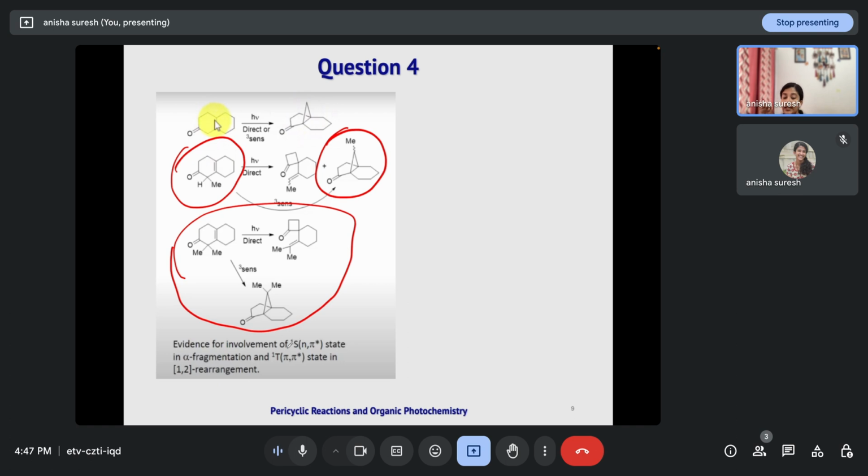Evidence for the involvement of the singlet n pi star state in alpha fragmentation and the triplet pi pi star state in the 1,2 rearrangement can be understood by seeing these reactions. So what is taking place here? Under direct irradiation, an alpha fragmentation is taking place.